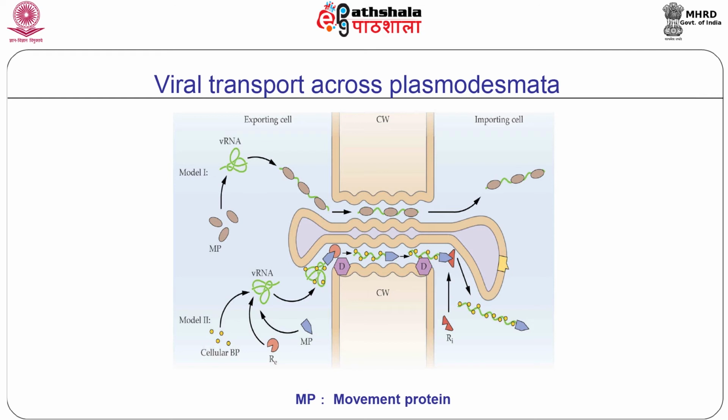The transcription factor to be transported first interacts with a chaperone, that is a movement protein, that binds to the plasmodesmatal PD receptor, allowing the PD apparatus, that is the size exclusion limit, to open.